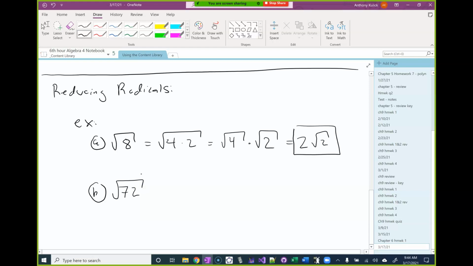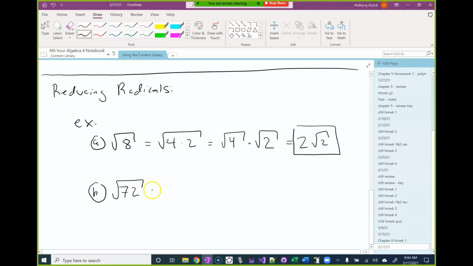How about the square root of 72? Is 72 a perfect square? No, right? I know that 8 squared is 64 and 9 squared is 81. That lands in between them.